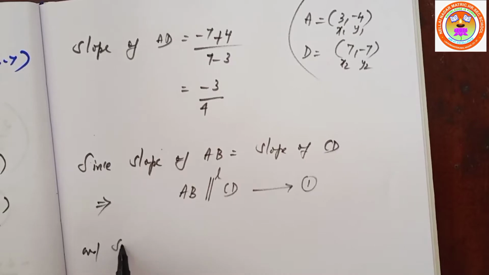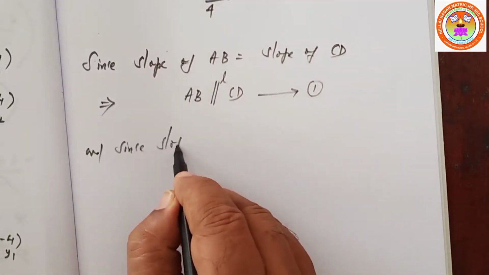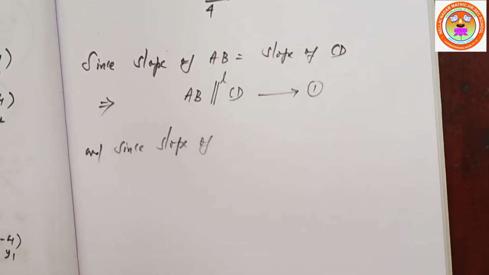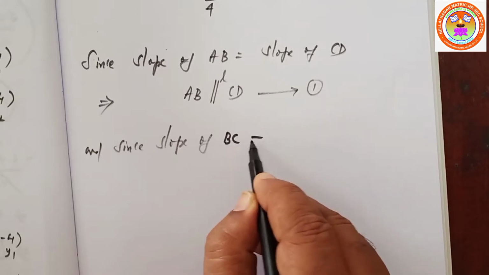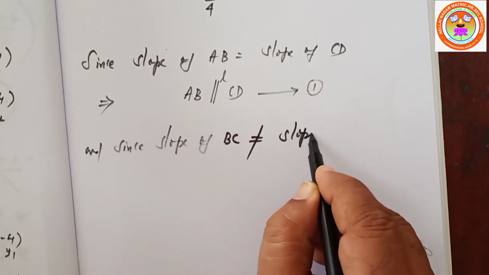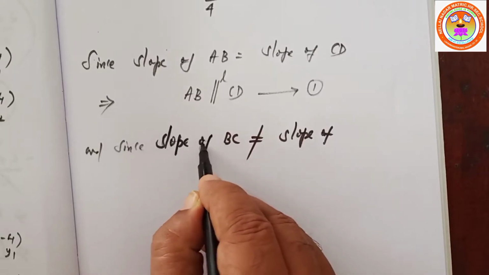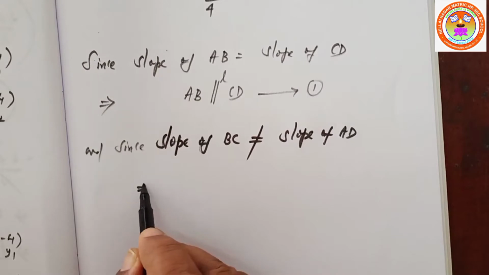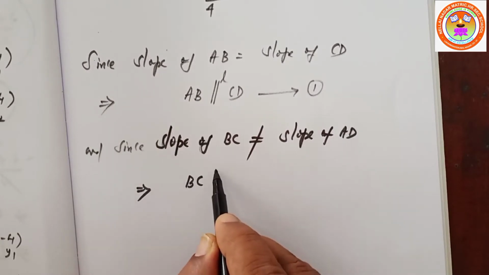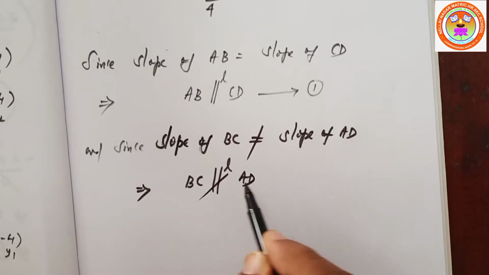And since slope of BC is not equal to slope of AD, which implies BC is not parallel to AD.